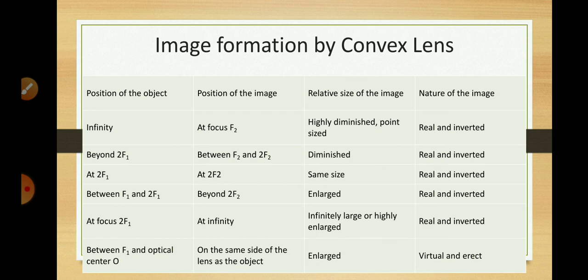Students, this is an important table. In spherical mirrors also, we learned about a table which will help you understand the position, nature and size of the image when the object is placed at different positions. So this is also another important table which will help you to locate the image, nature and size of the image.